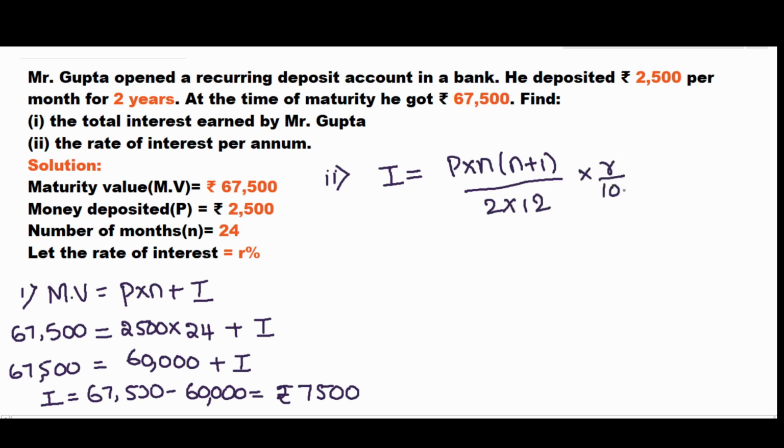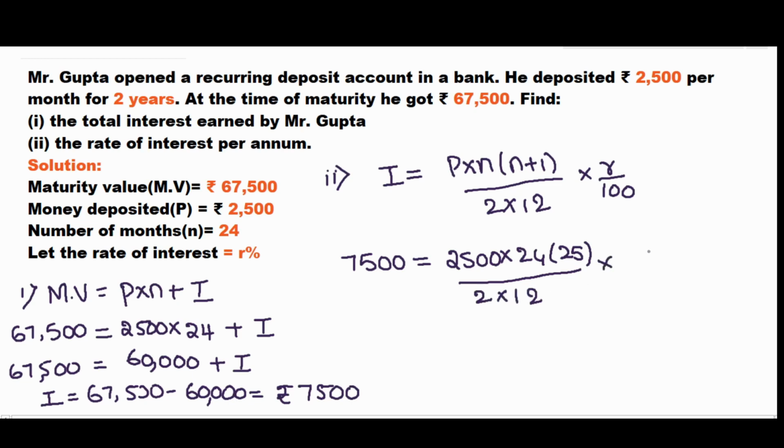Let's substitute all the values. 7,500 is equal to 2,500 into 24 plus 1, which is 25, divided by 2 into 12 into R by 100.